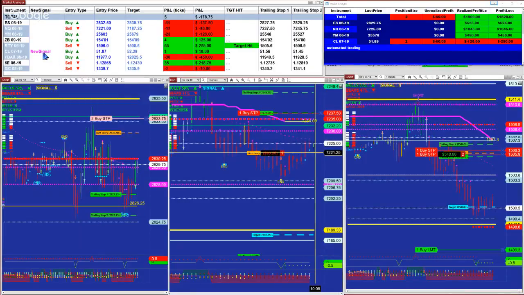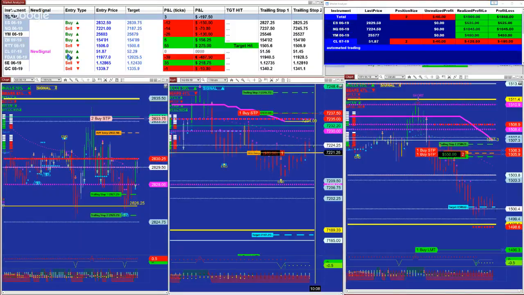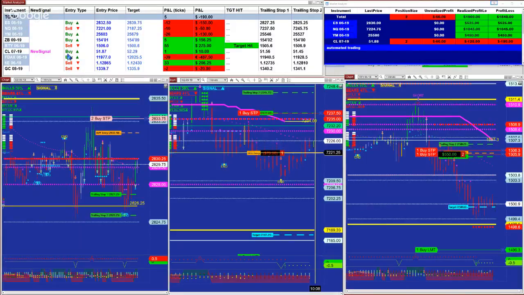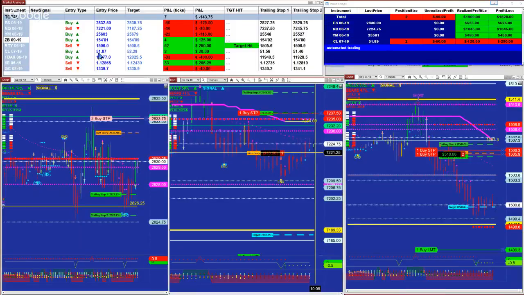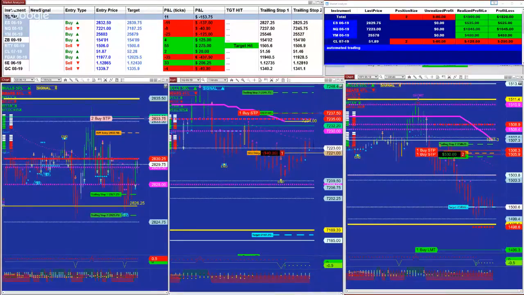You just follow the signal here, and it's up to you if you want to take it or not. And we'll see how this market is. So this is the latest one, the new signal buy on the CL 51.87, target 52.28.